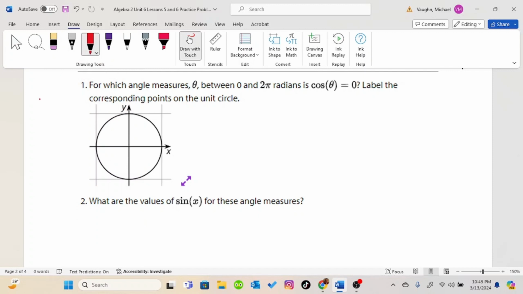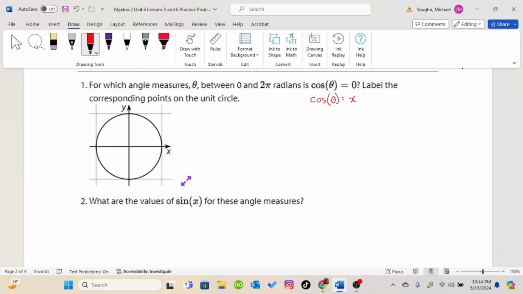For which angle measures theta between 0 and 2 pi radians is cosine of theta equal to 0? Label the corresponding points on the unit circle. So we need to remember that cosine theta equals x.